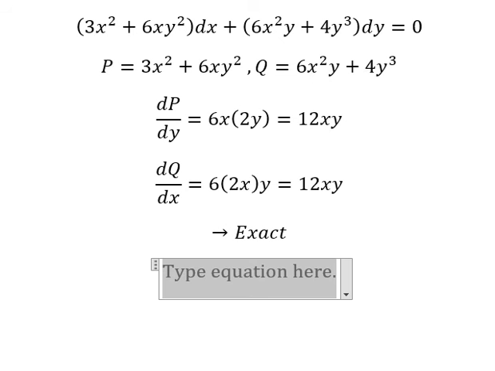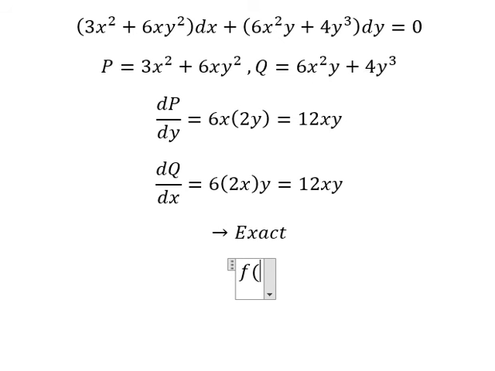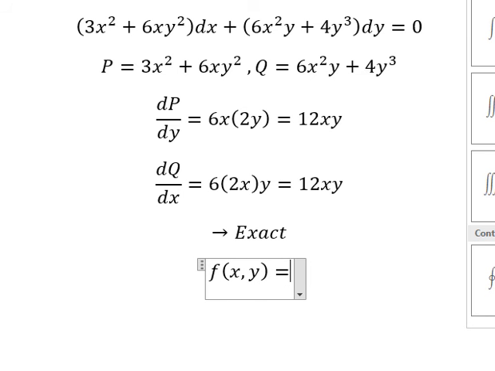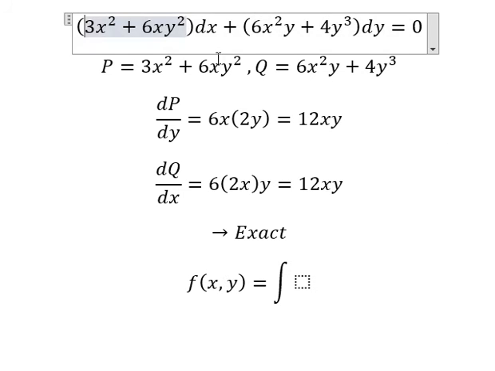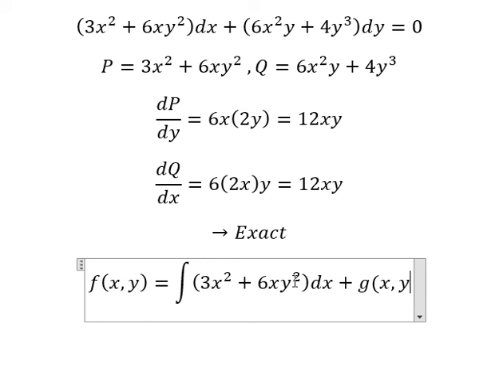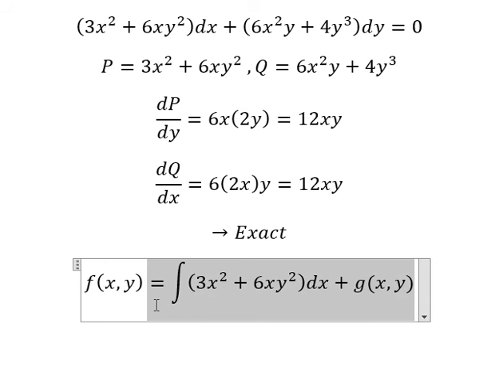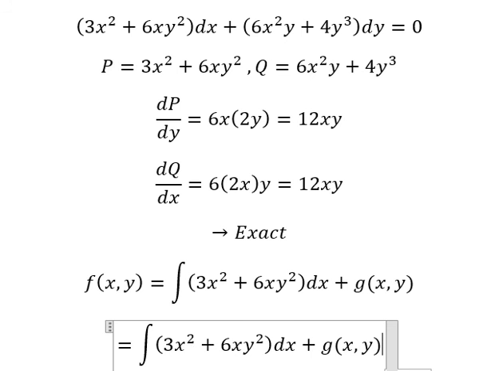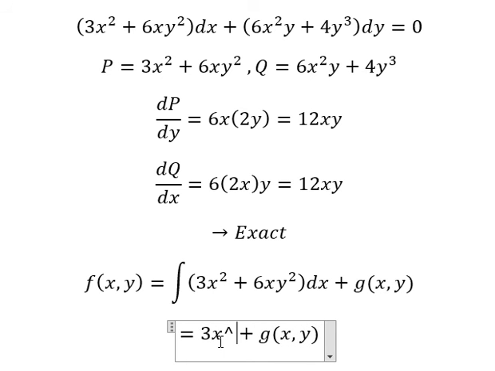So we need to set up the function f(x,y) equals to the integration. I will select this one plus 3xy. The integration of s squared gives s to the power of 3 over 3.